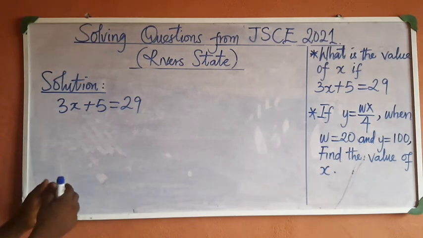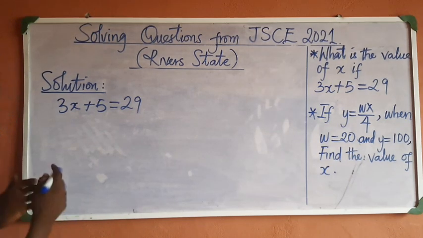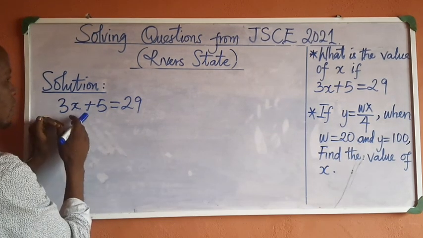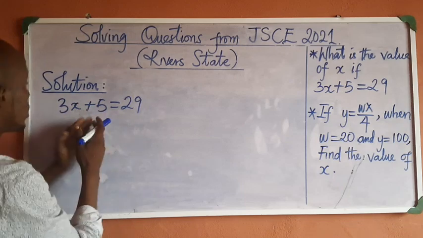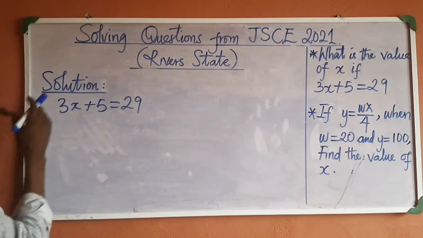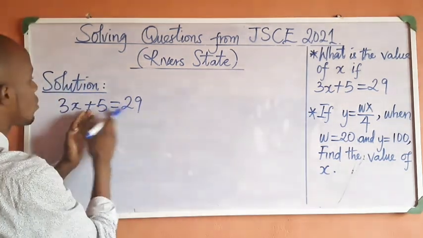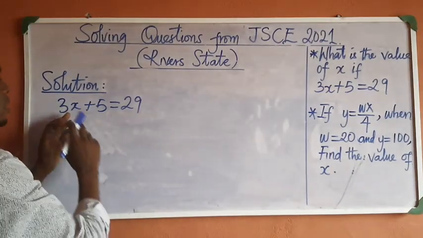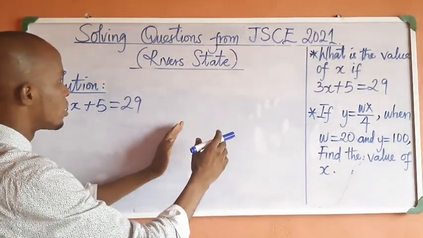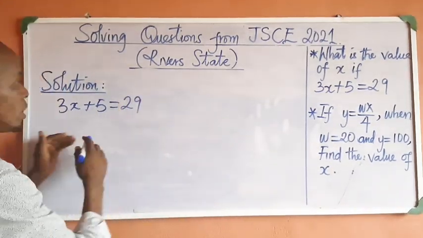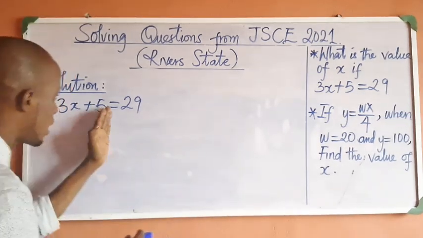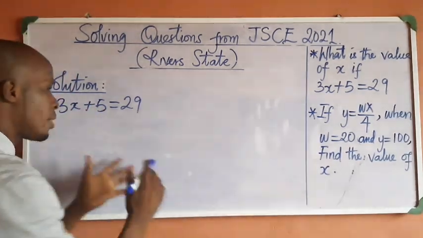So, what is the next thing for us to do? I am going to group together the terms that have the unknown to the left side of the equation, and then I will group the ones that do not have the unknown, the letter, to the right side of the equation. I need you to know that all equations have two sides, the left-hand side and the right-hand side. How do I know that?